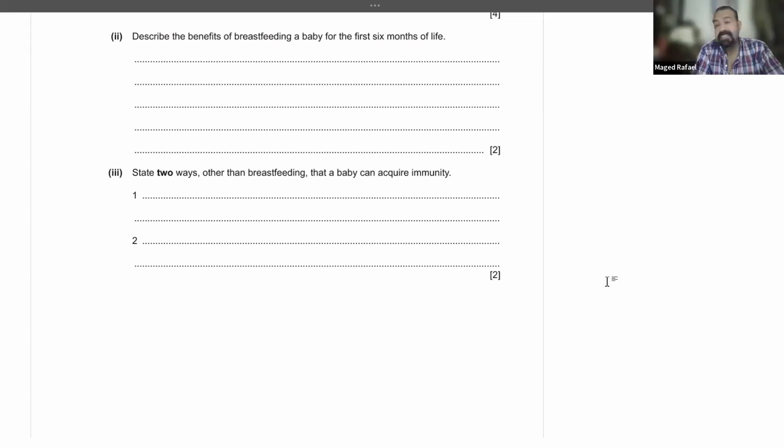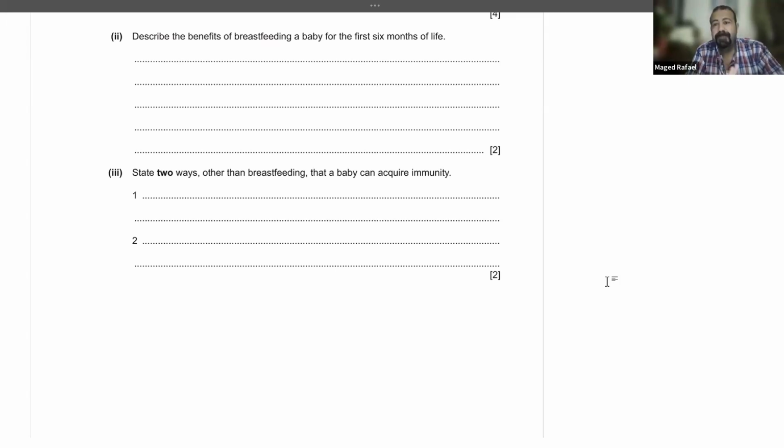That's why I tried to answer this exam with you, and I told you it's extremely important to answer this, because if we have a question like the breastfeeding in the exam, it is nice to know the idea of the breastfeeding question.